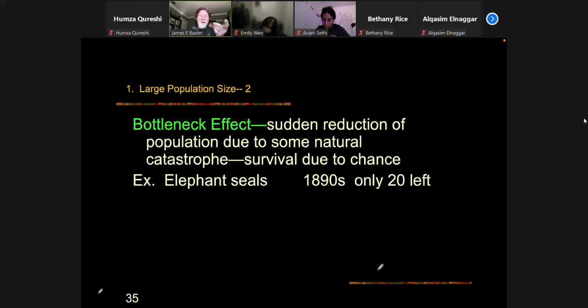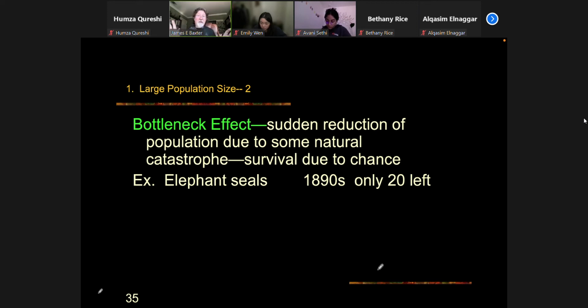In the northern hemisphere, off the coast of California, we have elephant seals too. That population was severely hunted during the 1800s for oil, because they have blubber and it was a big resource. They were hunted to almost extinction. By 1890, there were only 20 individuals left.